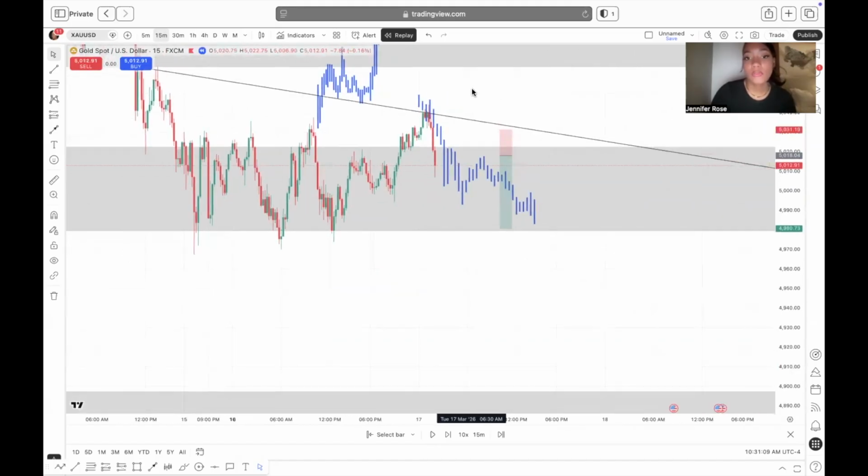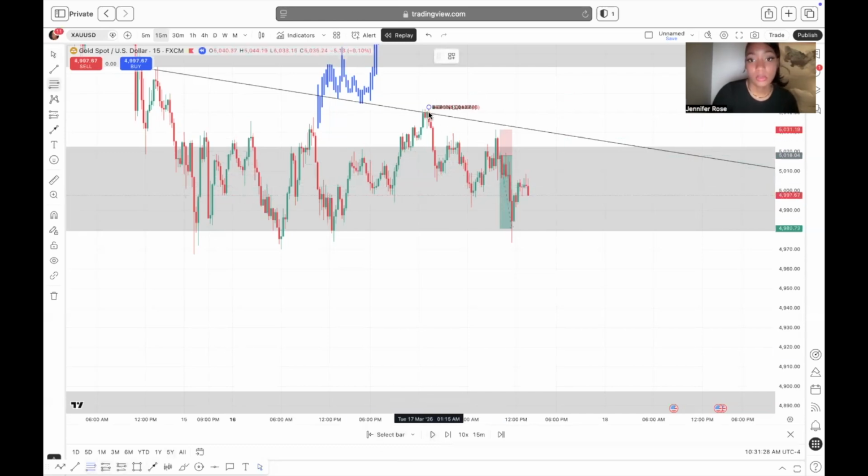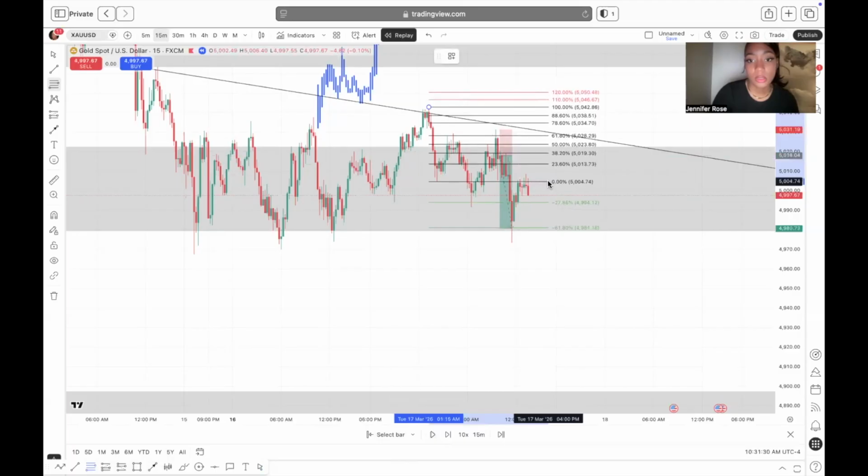And then I was looking for another entry to get into the sell that was about to happen. So price gave us a break and then it pushed back into that zone. Okay, and then I got in around here and took it down to the TP of the fib that I put on the structure. So this was the TP.